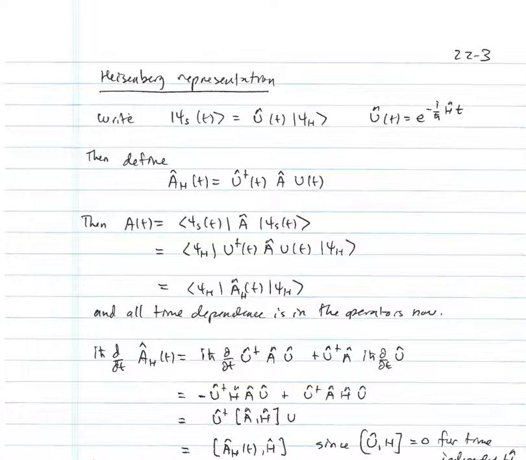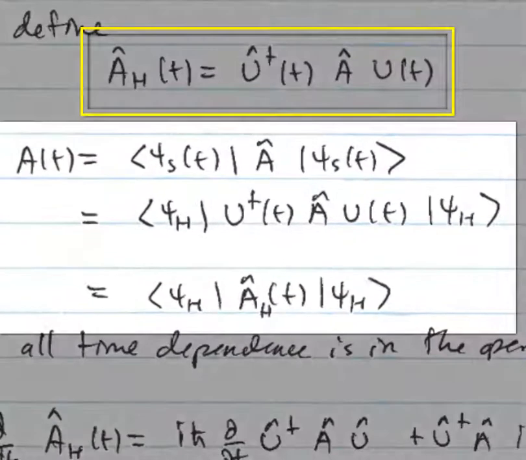To remind you, when the Hamiltonian is time independent, that time evolution for u of t is e to the minus i over h bar times the H operator times t. So now we define A Heisenberg of t as u dagger of t, A operator, u of t. That's a product of three different operators.